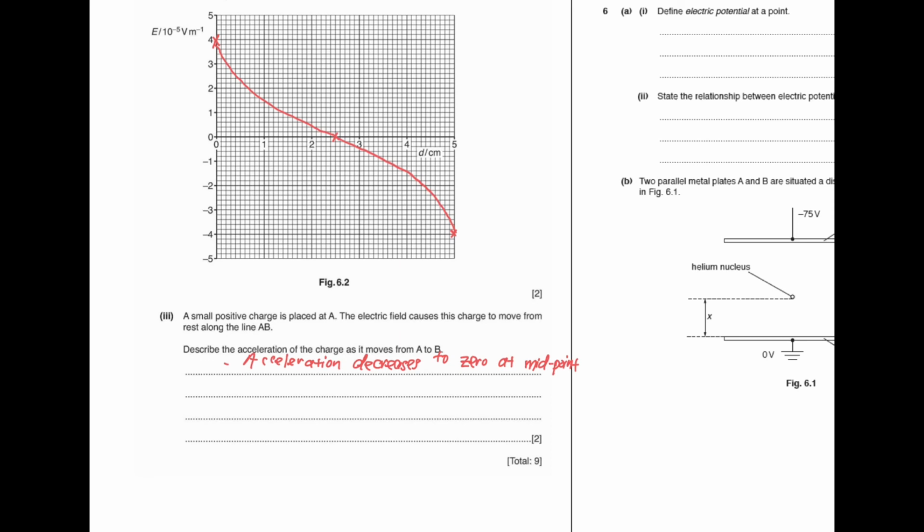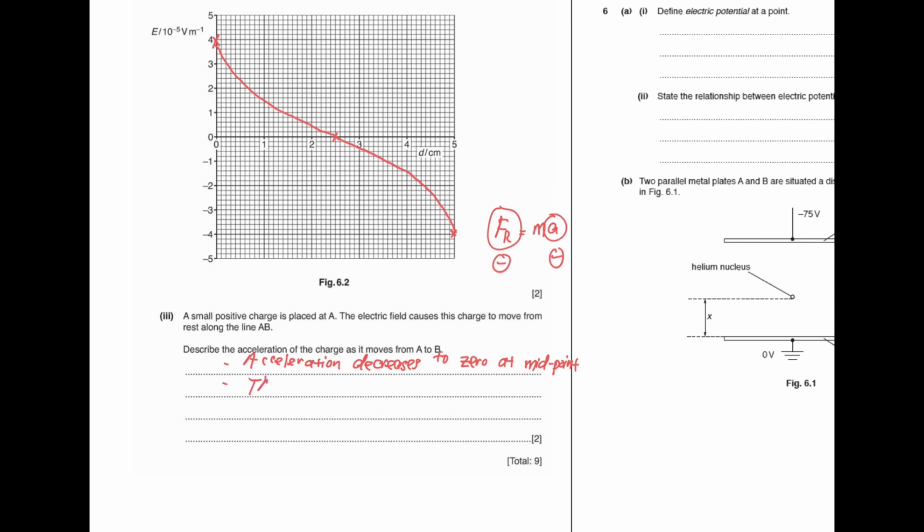Okay, then after that, what happened is the electric field strength becomes negative, meaning that the force is also getting negative. And based on our formula, resultant force equal to ma, if this is negative, then acceleration will be negative also. So you can write your second part in this way.